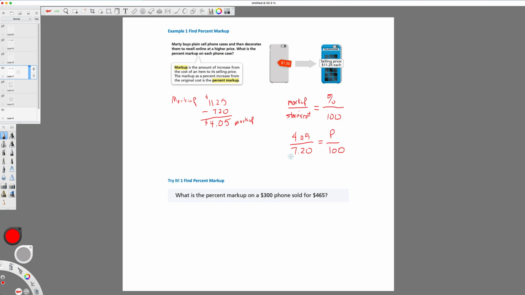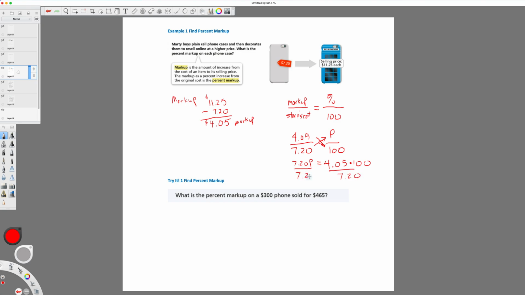And now we have our standard cross multiply and divide. It should be somewhat repetitive. So I'm going to cross multiply here. 720P is equal, and the other cross product is 4.05 times 100. That's a times sign. And then I'm going to divide by 7.20.